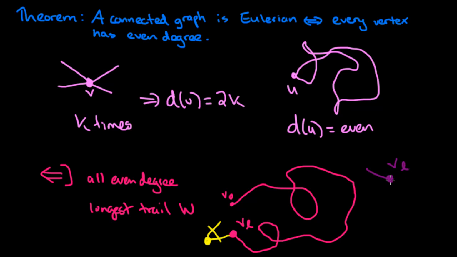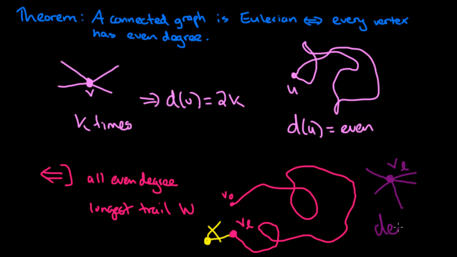Maybe we had to enter it and then exit, and maybe we entered it again and had to exit. And then at this point right here, when we enter VL again, we cannot exit again. The only way that this would resolve itself is if VL is in fact the start and the end of this trail.